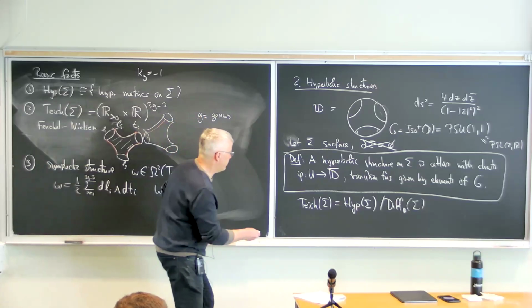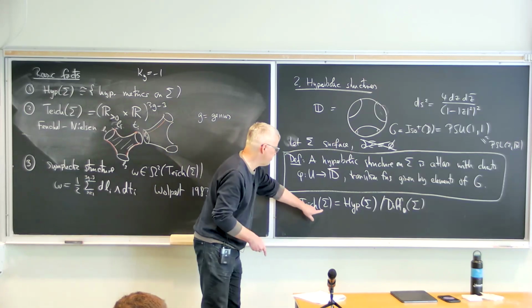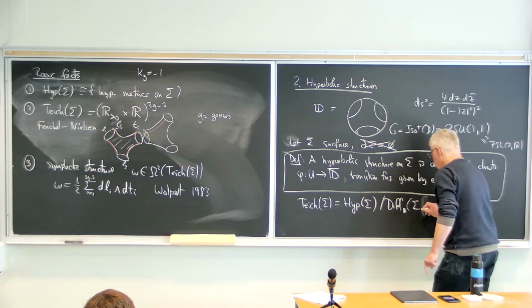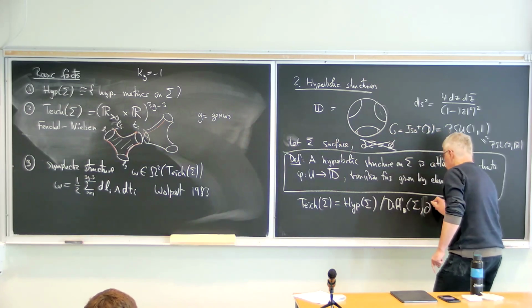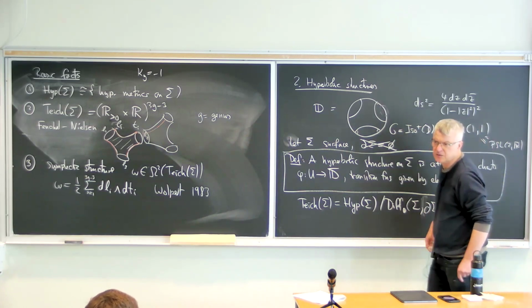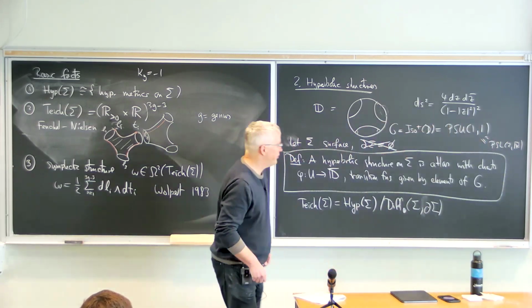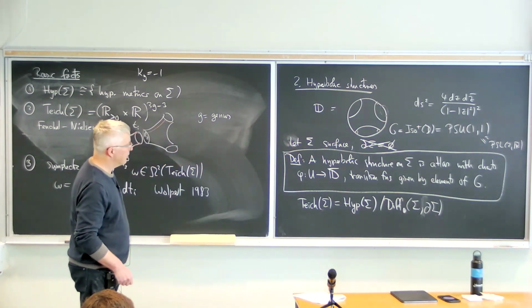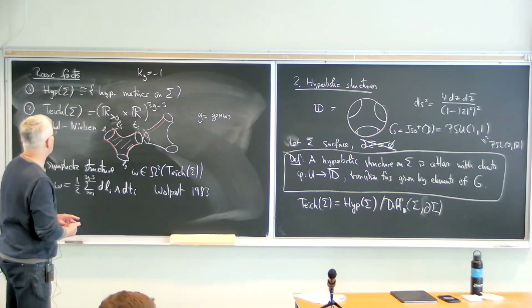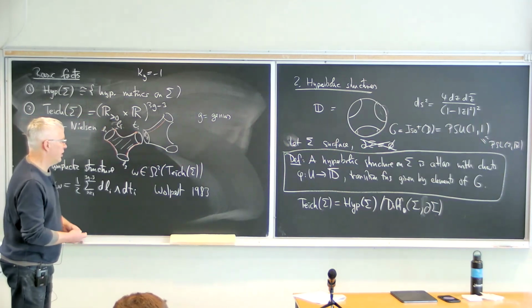Right, and now, as before, we define Teichmueller space a bit differently. So now we take the set of hyperbolic structures, but then we only divide out by diffeomorphisms which fix the boundary pointwise. This is my notation for that. So this is now our infinite dimensional Teichmueller space.